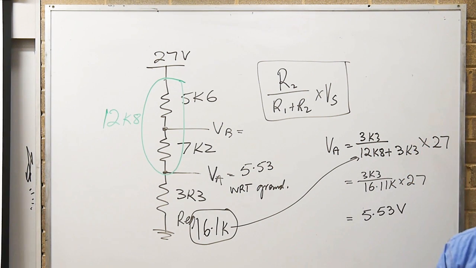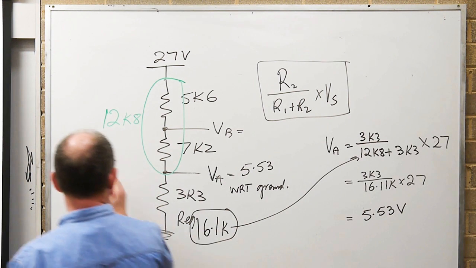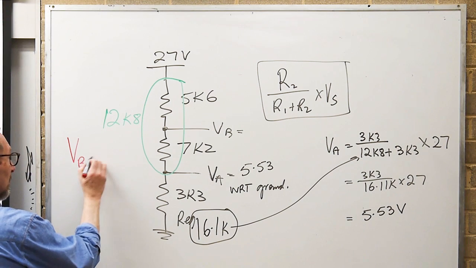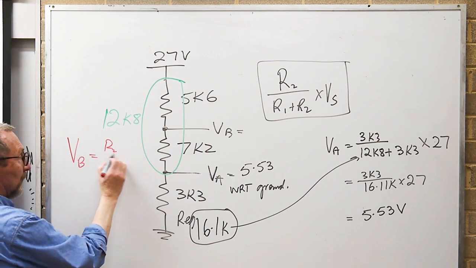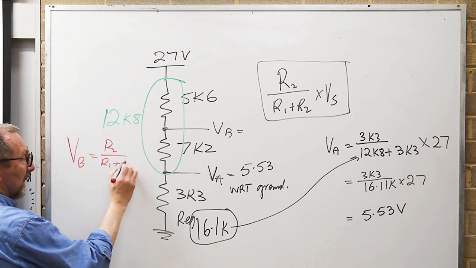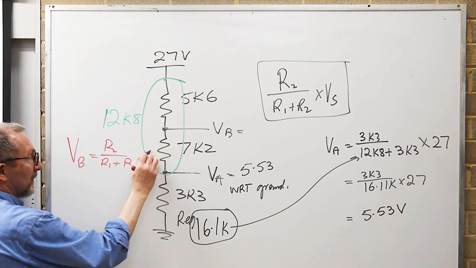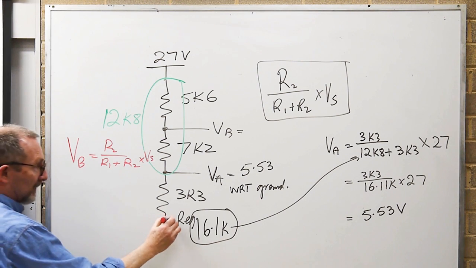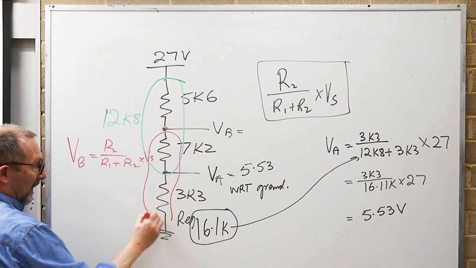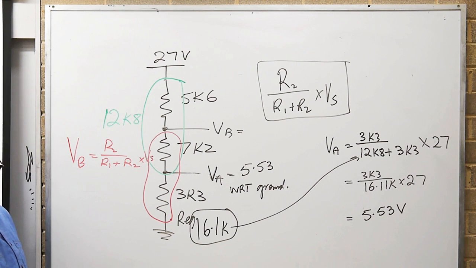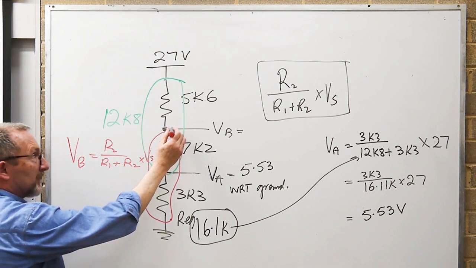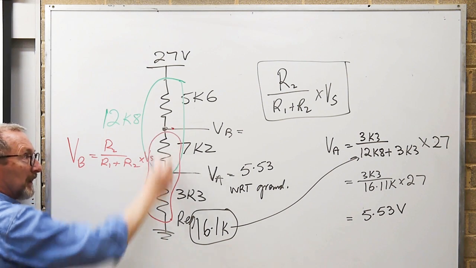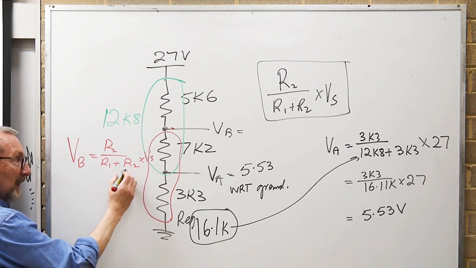VB. VB again is equal to R2 over R1 plus R2 times VS. But in this case, R2 is going to be this, divided by the whole lot. I've got to, because I'm stepping up to come to that point, so everything below that point is going to now be my R2.